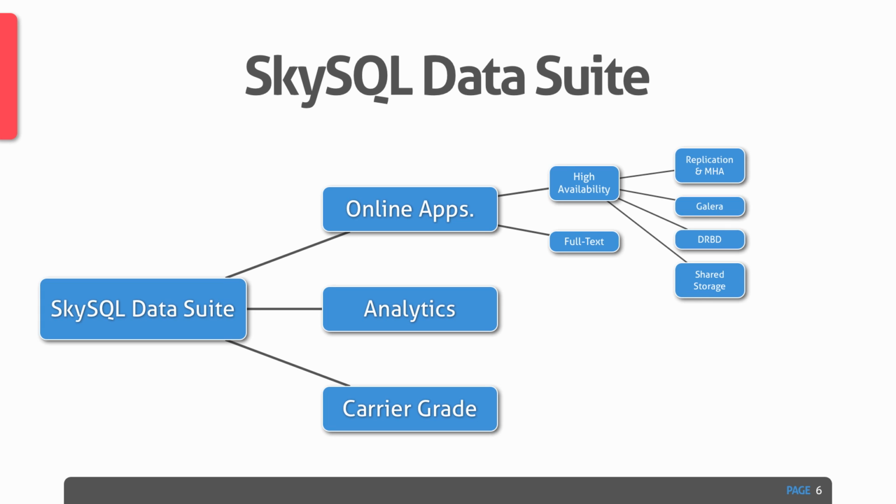The second kind of implementation of the Data Suite is in business analytics, where we use columnar engines, and we provide what we think is currently the best technology for data analytics with MySQL, also fairly powerful and comparable to definitely more expensive solutions that are not based on MySQL. And finally, we provide a carrier-grade solution based on NDB, the network database, also known as MySQL Cluster.